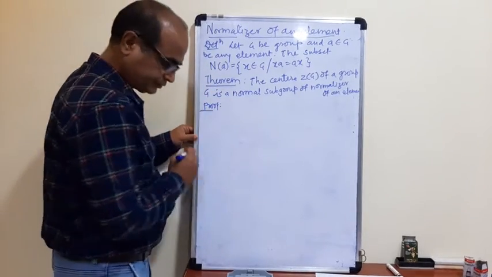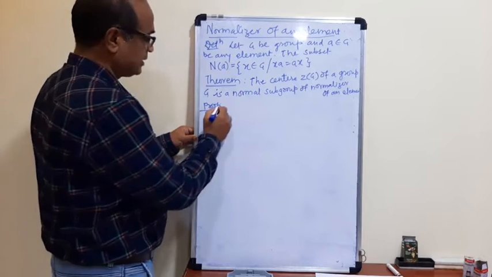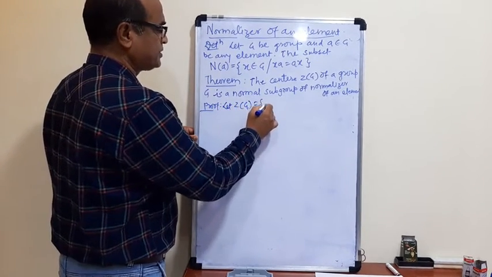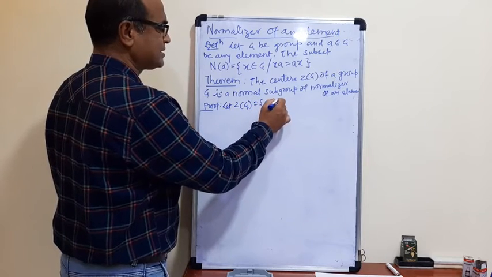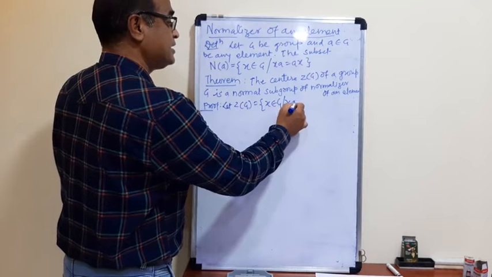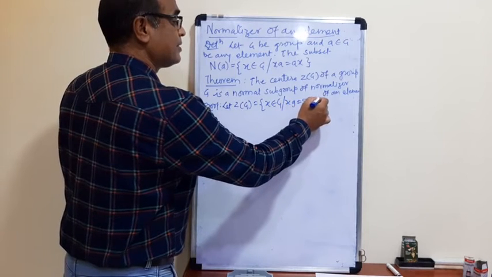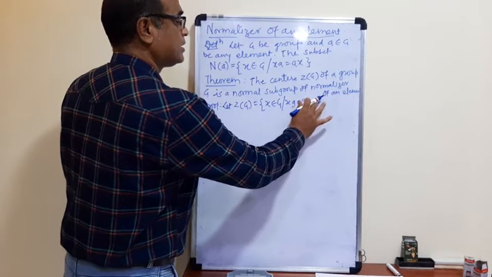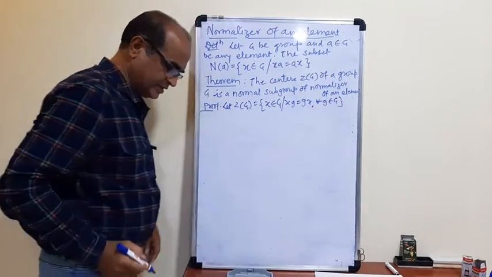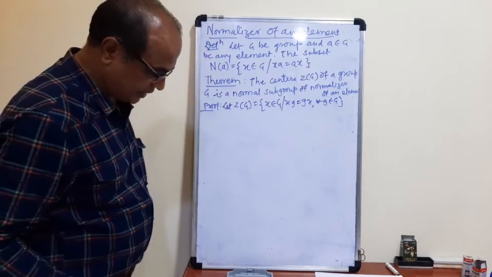So, proof. Let ZG be the center of the group. What is the definition? It is the set of all elements X of G where Xg is equal to Gx for all G belonging to G. So this is the definition of the center of a group.